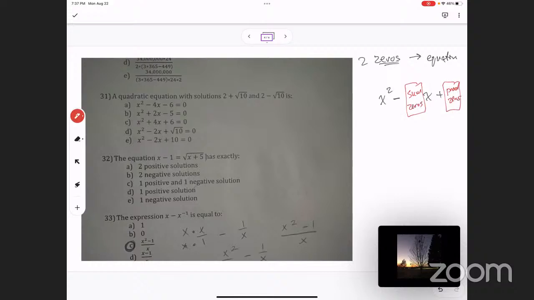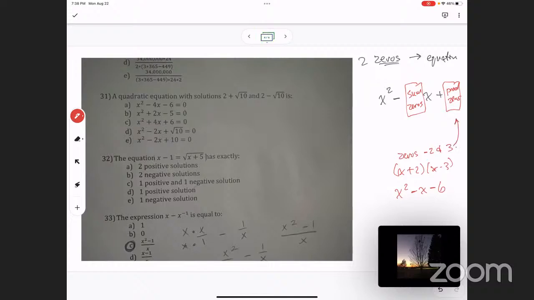I'll prove it to you real quick. What's x plus 2 times x minus 3? What does that turn into? x squared minus x minus 6, right? What are the zeros? -2 and +3, right? What's the product of these?